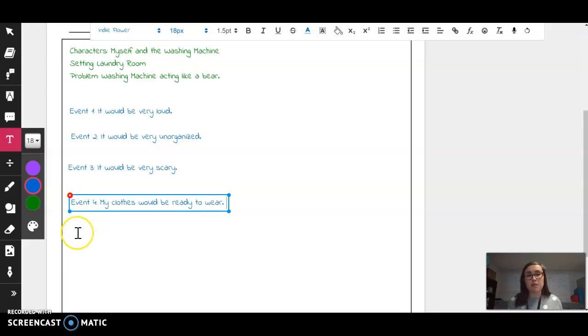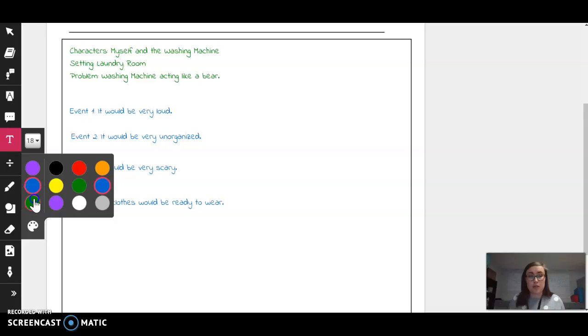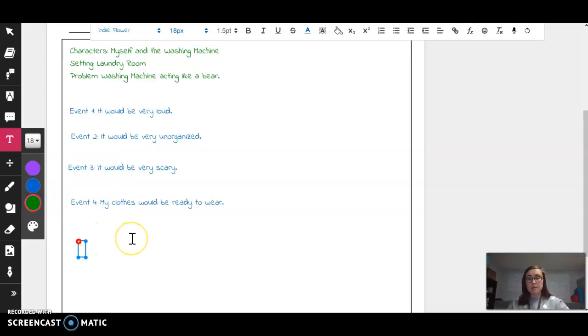So those are my 4 events that I would be talking about in my story, the ways that it would be like if I had a washing machine that acted like a bear for a day. And then my last thing on my plan is my solution. Because if there's a problem, there's always a solution to that problem.